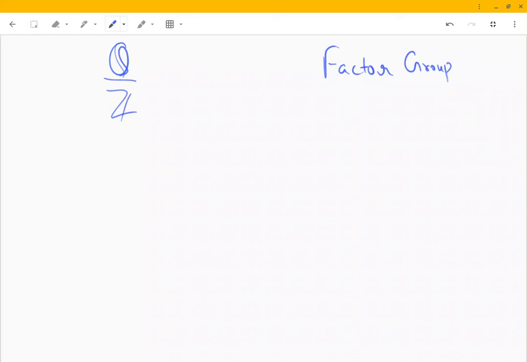Now, what can we tell about this group? First thing, is the set of rationals Q over addition a group? I guess that is right.